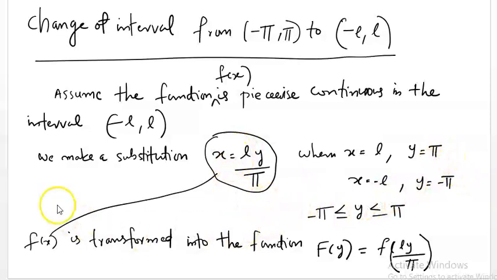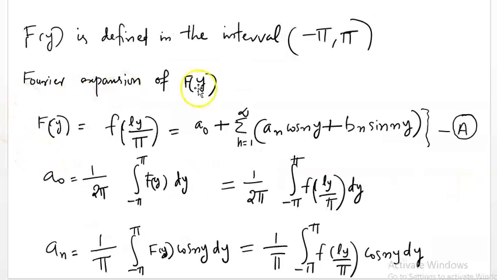So f of x is now transformed into the function capital F of y, which is basically f of Ly by pi. So F of y is now defined in the interval minus pi to pi.